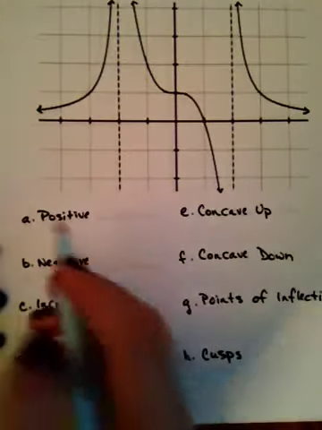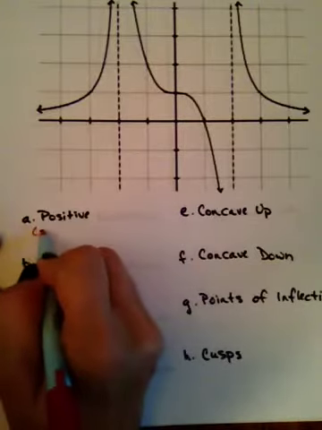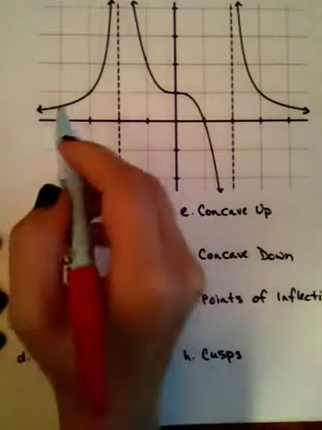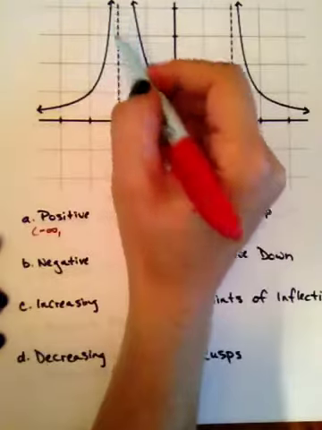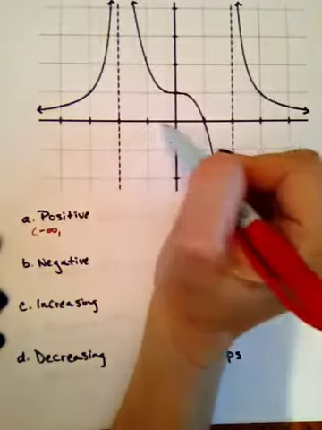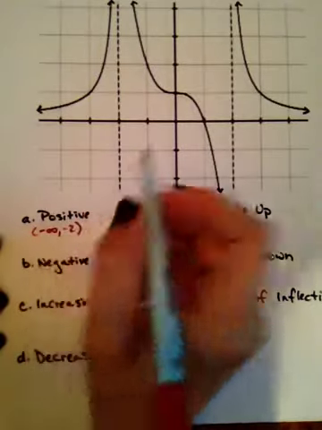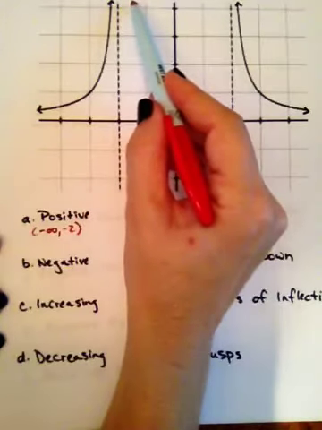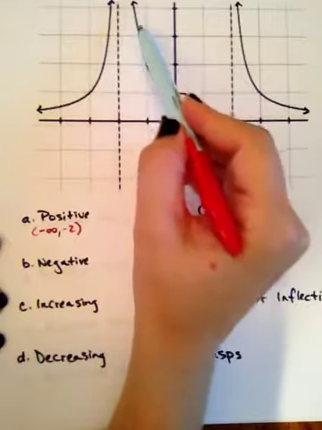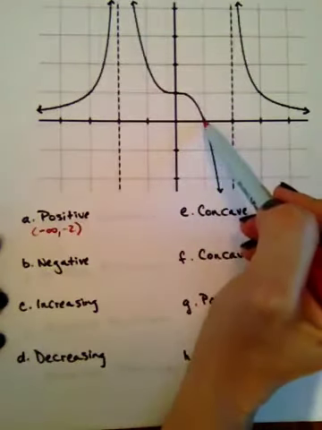So I'm going to say this graph is positive from negative infinity, stays up, all the way to this asymptote here, which is at x equals -2. Now the graph is positive after the asymptote because it's above, all the way to x equals 1.